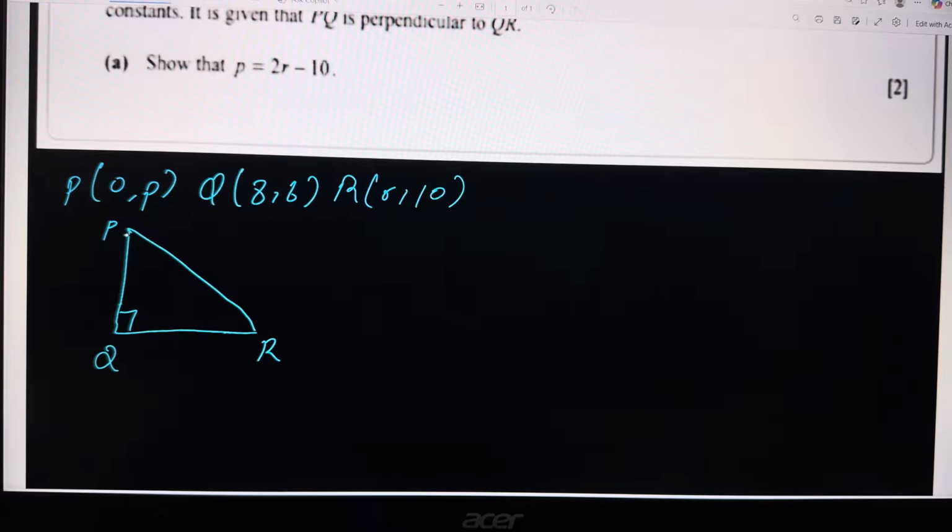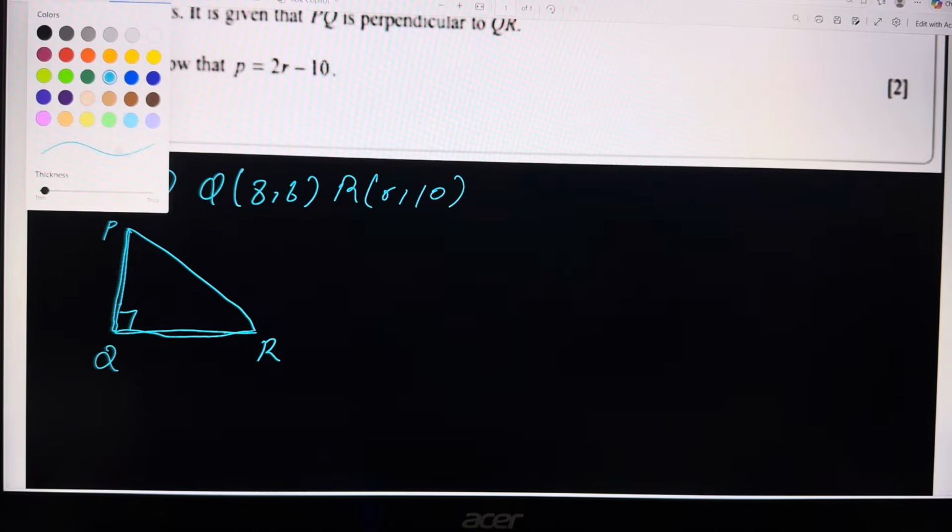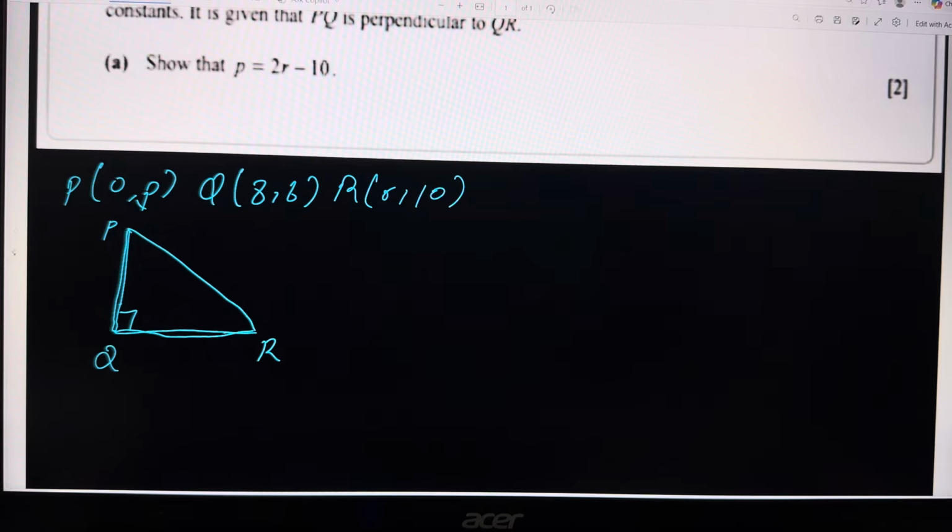So these two are perpendicular. Now what things can we do here? I think we can try to find the distances, but that won't work, because when we find the P and R distance, we have two constants. It might work, but I think we will use the gradients here.